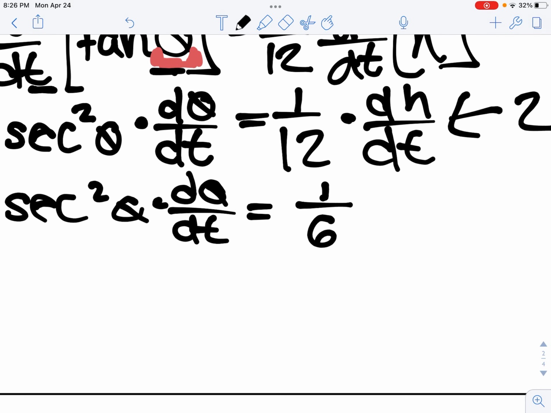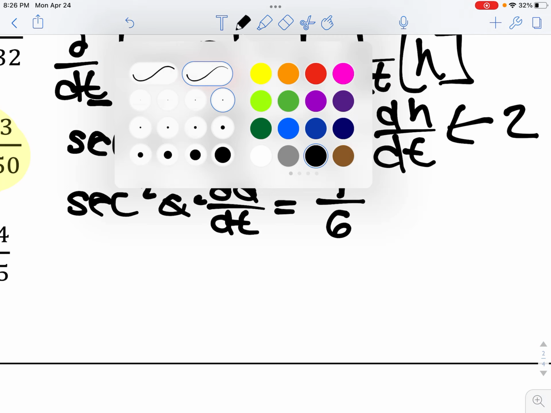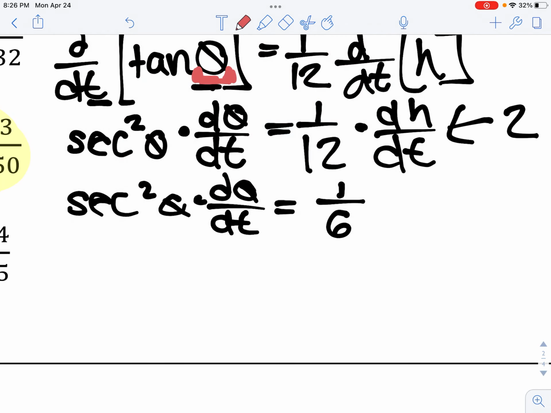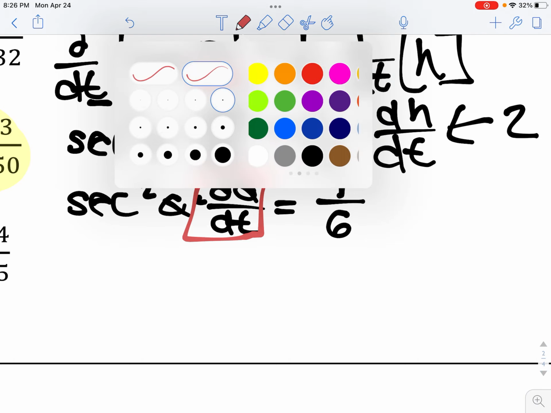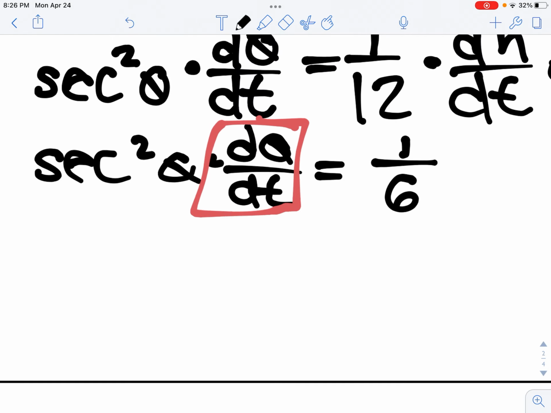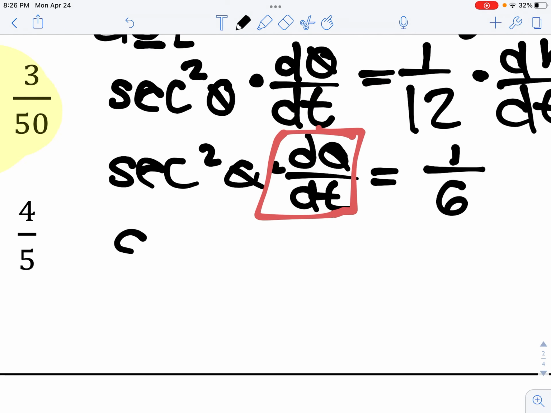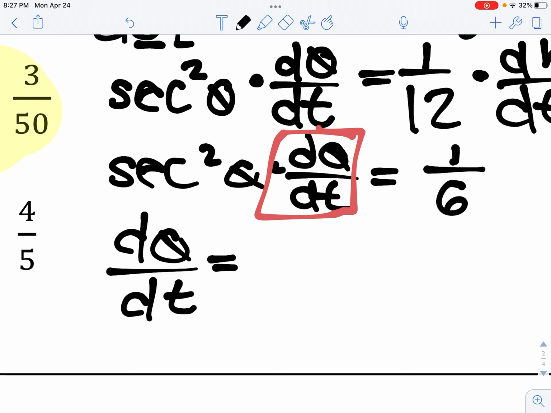And now we know that our end goal is to find this, right? The rate of change of theta, because that's what the problem's asking for. So we want to solve for that, right? And so when I move this over, that's the same thing as cosine squared theta, right?